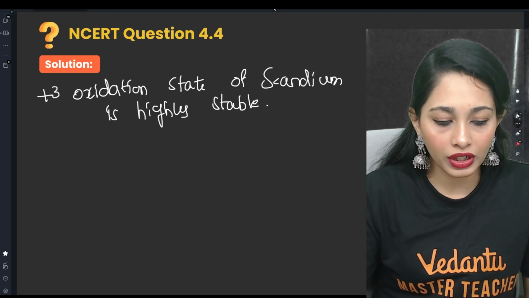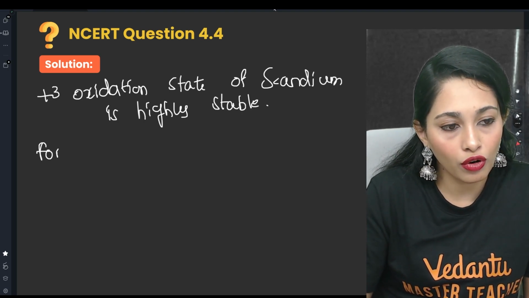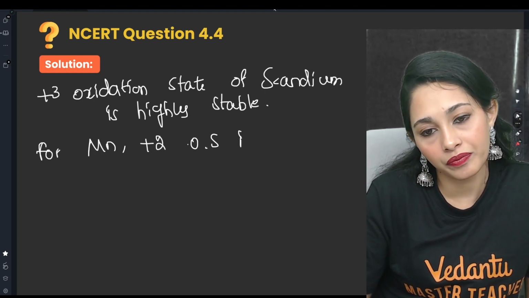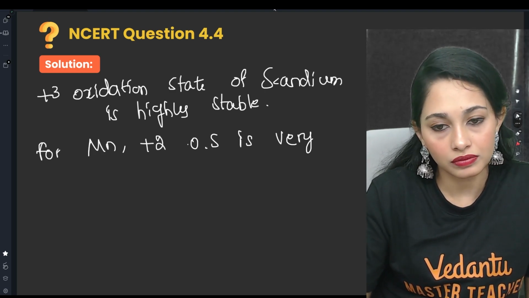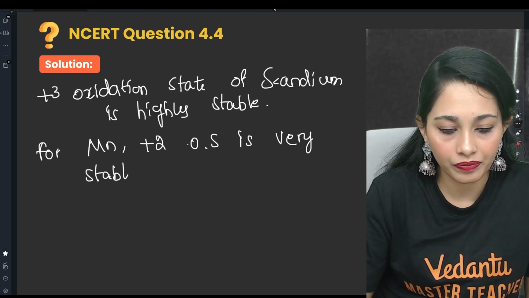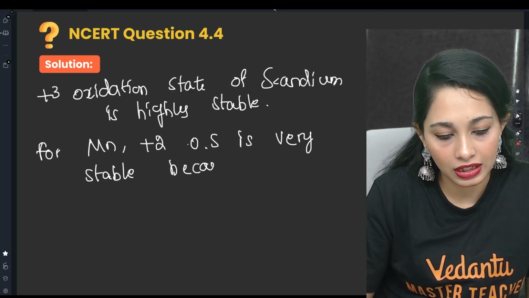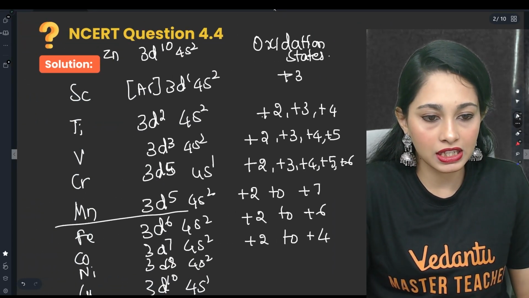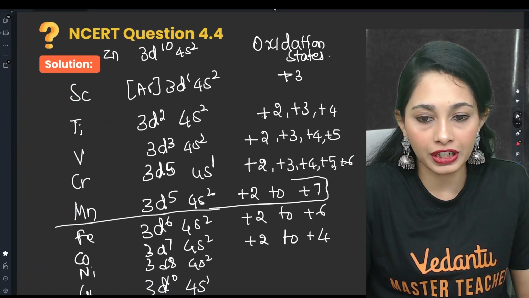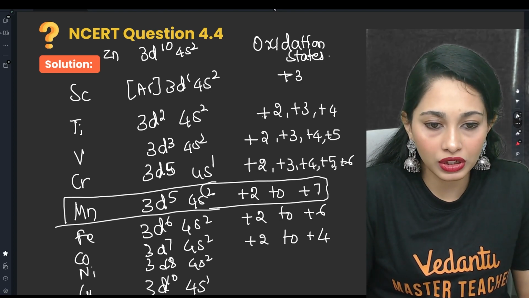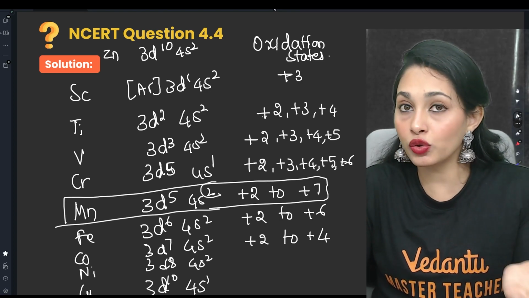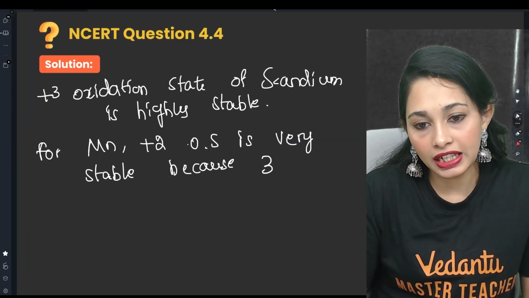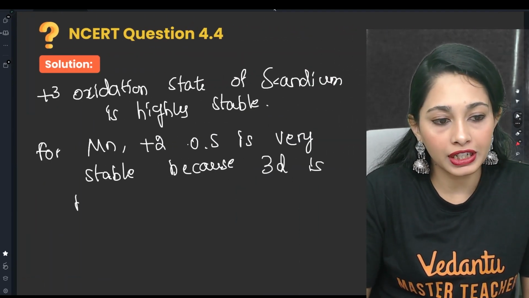And if we look at manganese, +2 oxidation state is very stable, because why? Let's see here, +2 oxidation state of manganese. If we remove these 2 electrons from 4s orbital, it is going to be half filled. So it is stable because 3d is half filled.